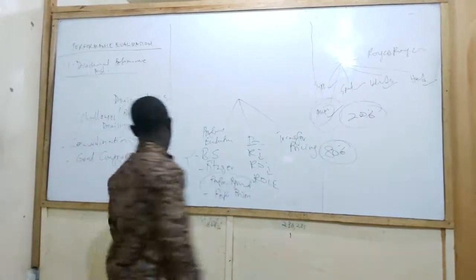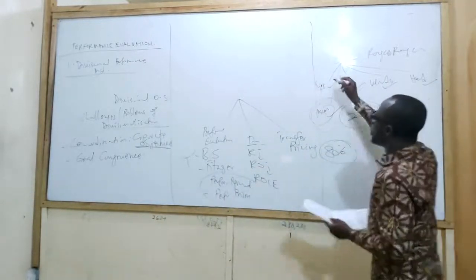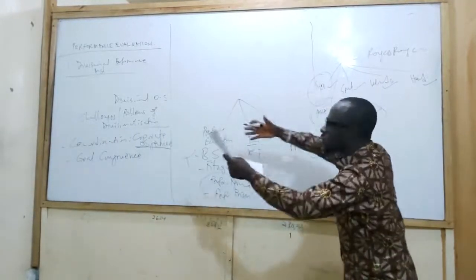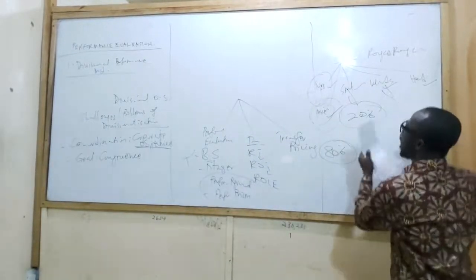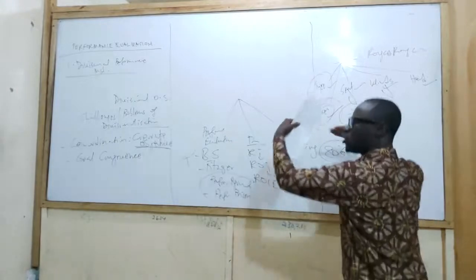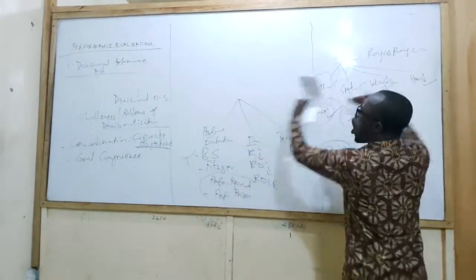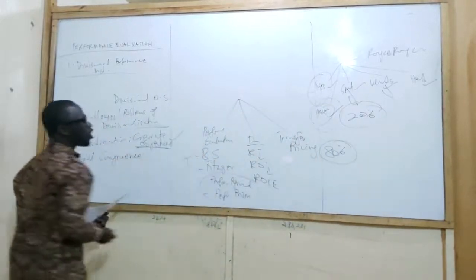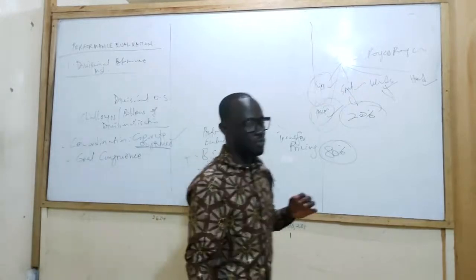But it is always difficult to coordinate their operations, because this division will have a different production line, and that one will have a different production line. How do you synchronize them so that they are all in line and we are achieving the corporate objective? That is a challenge that we face if we are using divisionalization.